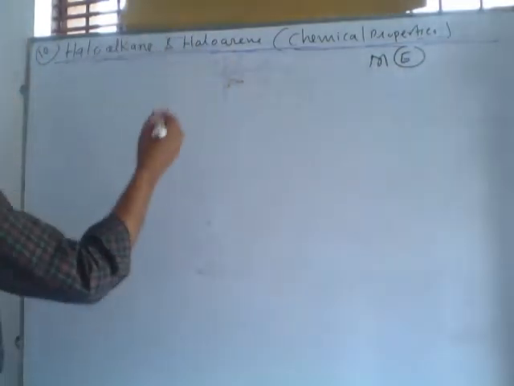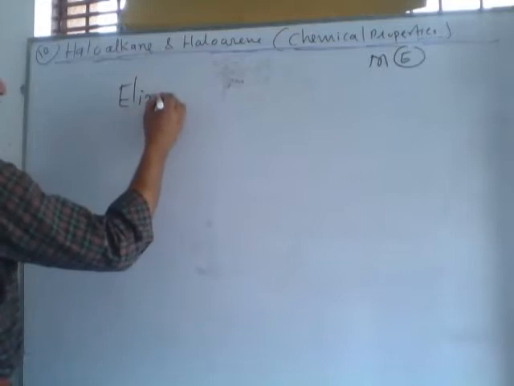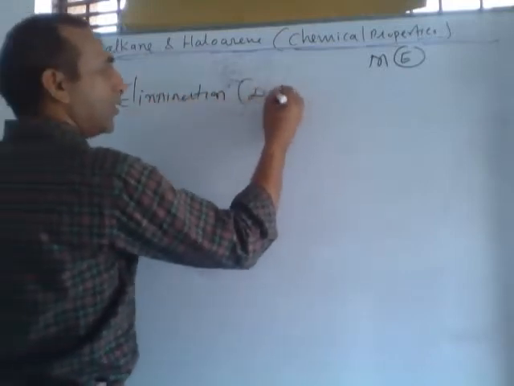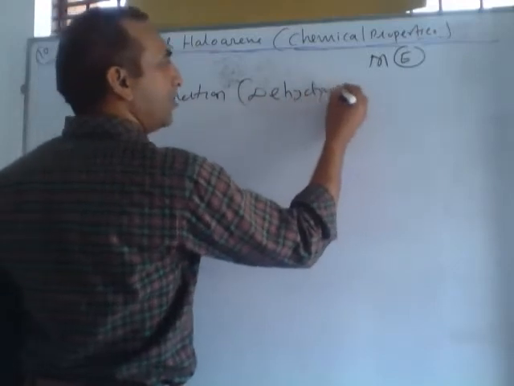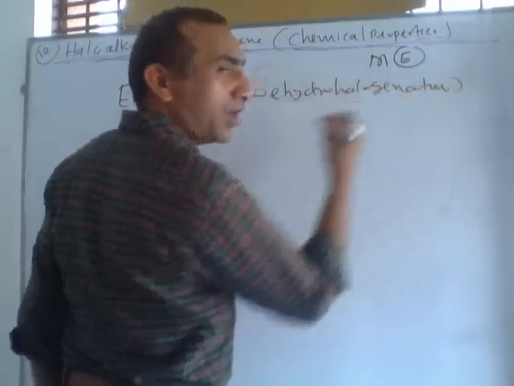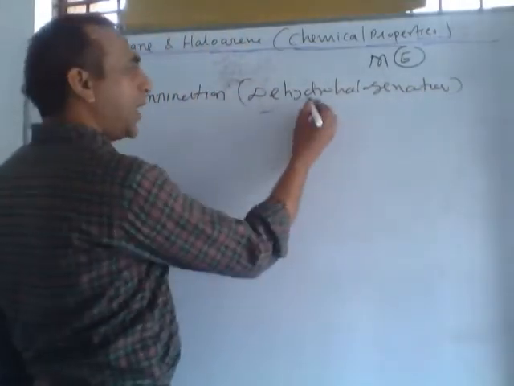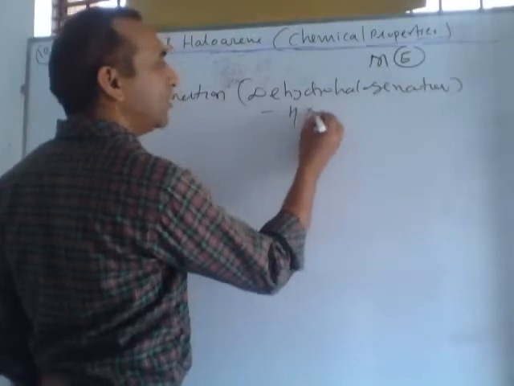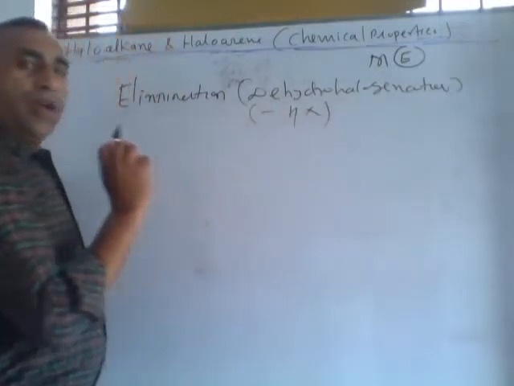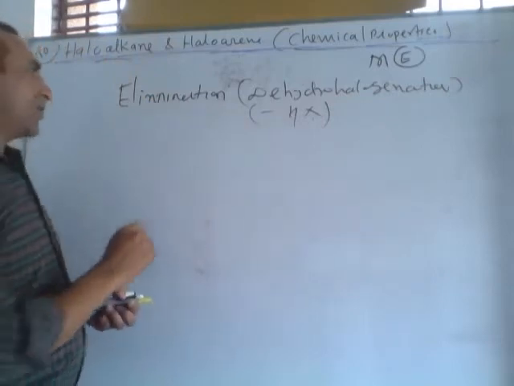Elimination reaction is also called dehydrohalogenation reaction. De means removal, hydro means hydrogen, and halogenation means halogen. In this reaction, both hydrogen and halogen are removed from RX.